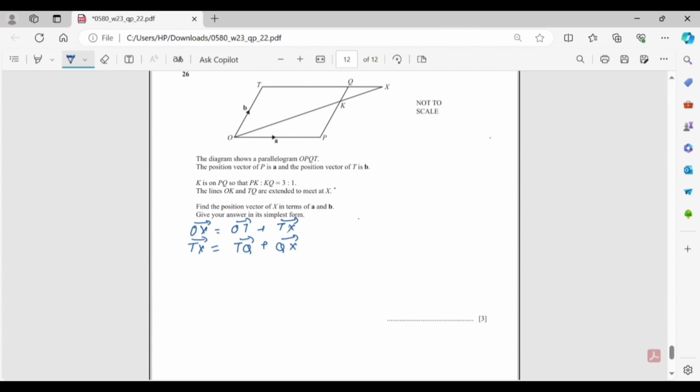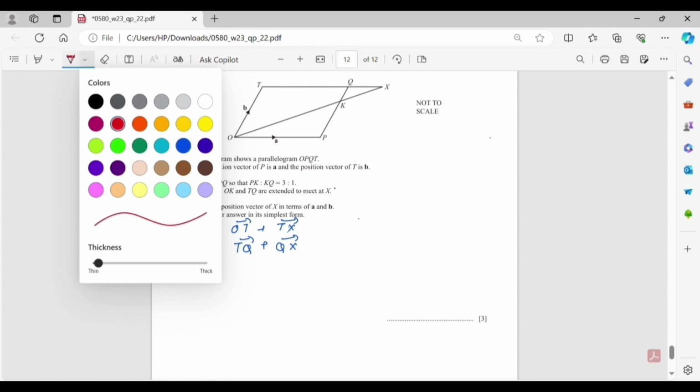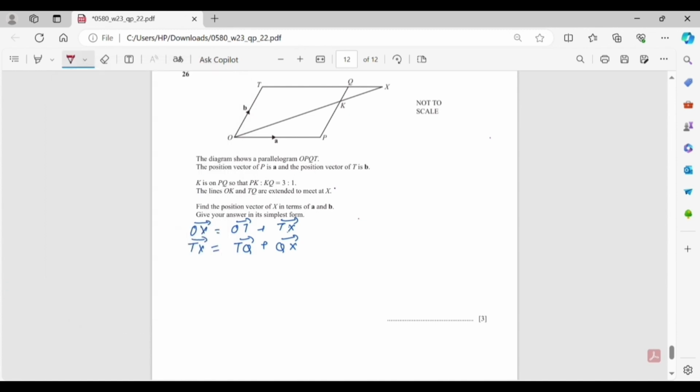Right. Now let us mark all the magnitudes given in the question. So this will be equal to a, this will be 3 by 4 b, this is 1 by 4 b. We have to find this.